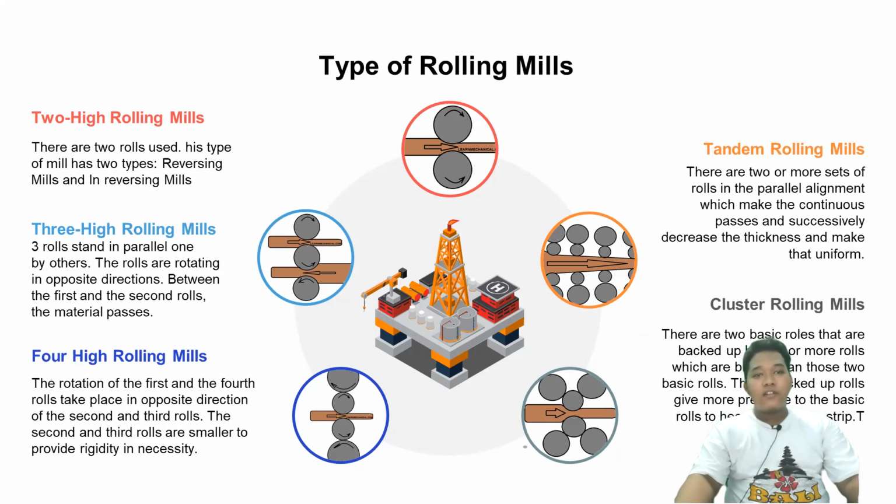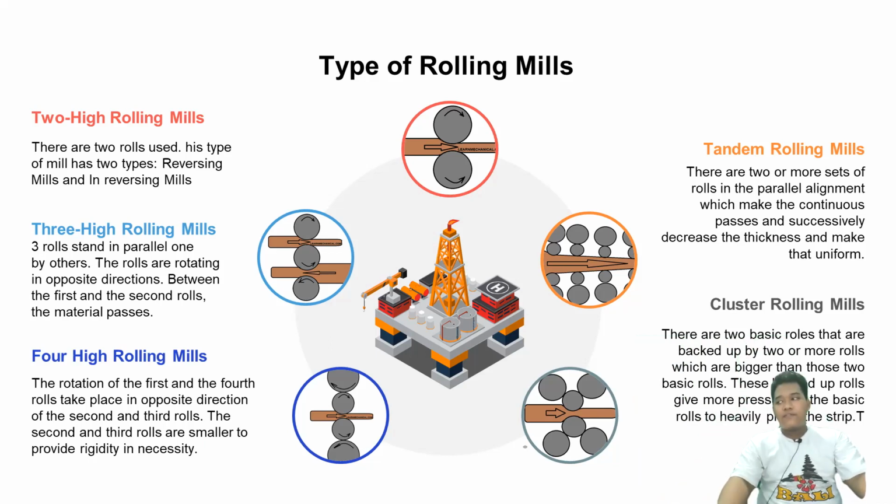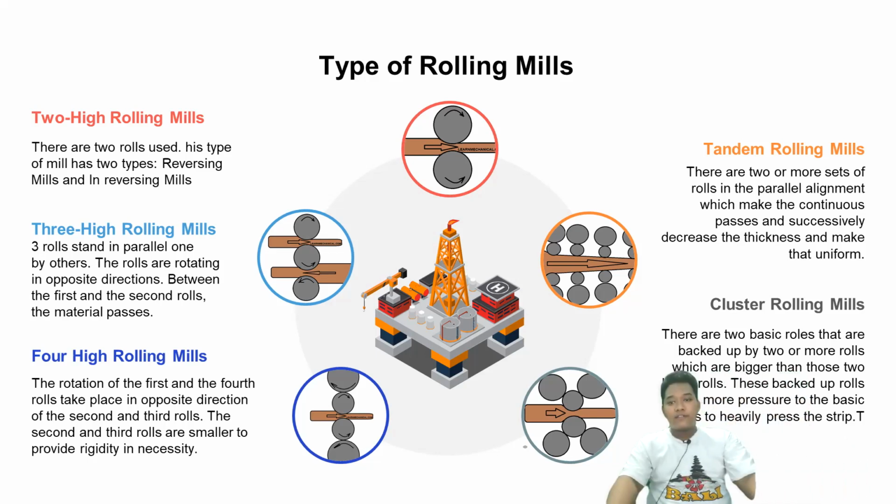Basically, tandem rolling mills use multiple rollers to gradually reduce the thickness of the workpiece. So it's not instantaneous like the two high or three high rolling mills. And the fifth is cluster rolling mills.